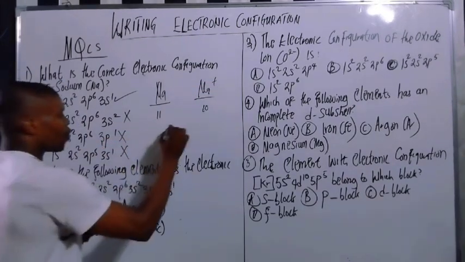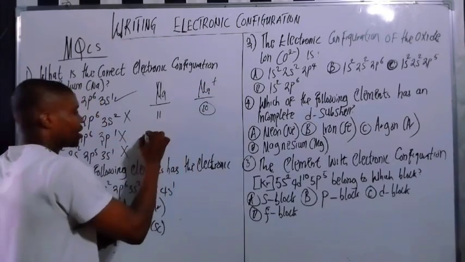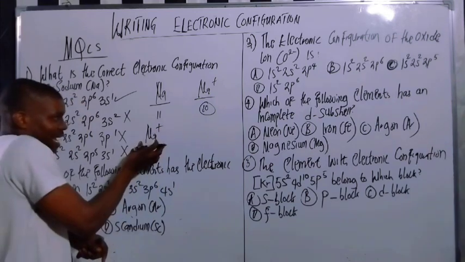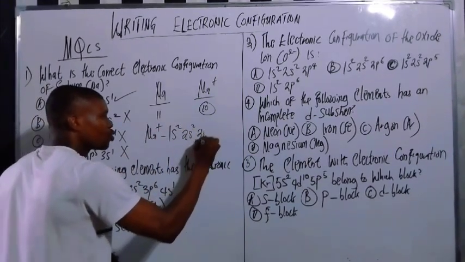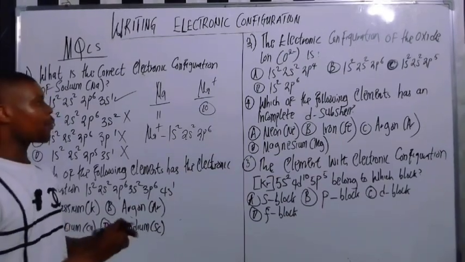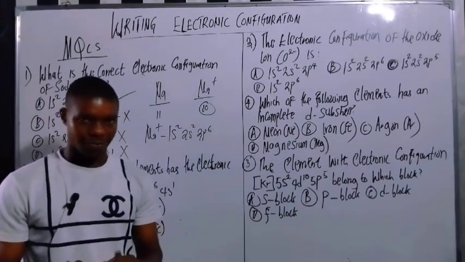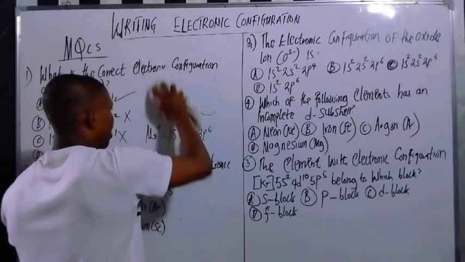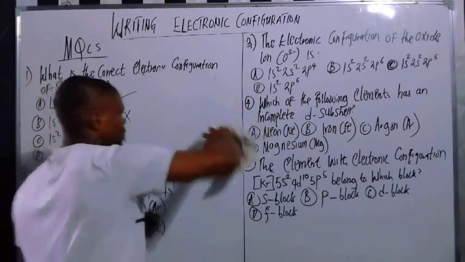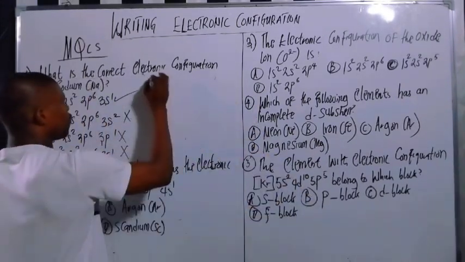So if they ask you the electronic configuration of the sodium ion, Na plus, which has 10 electrons, you are going to write 1s2, 2s2, 2p6. Why? Because it has lost 1 electron. Now, for example, let's say I have oxygen. What is the atomic number of oxygen?